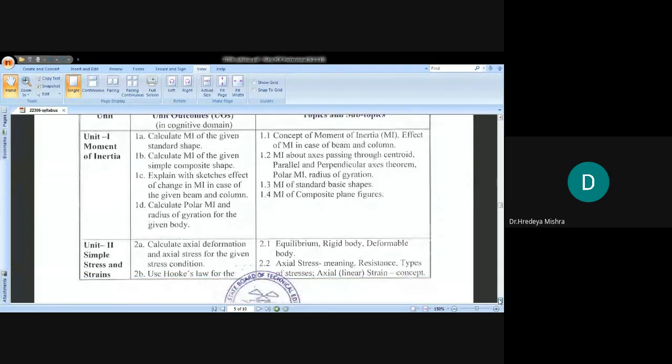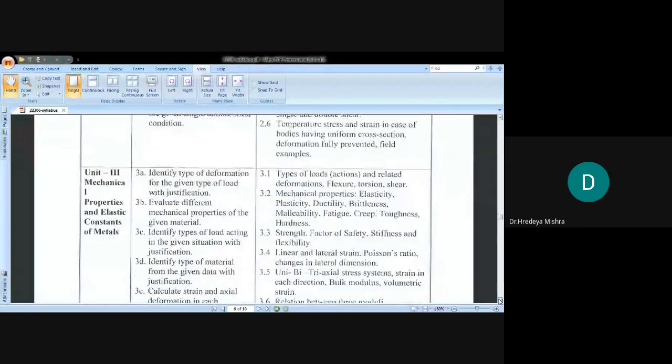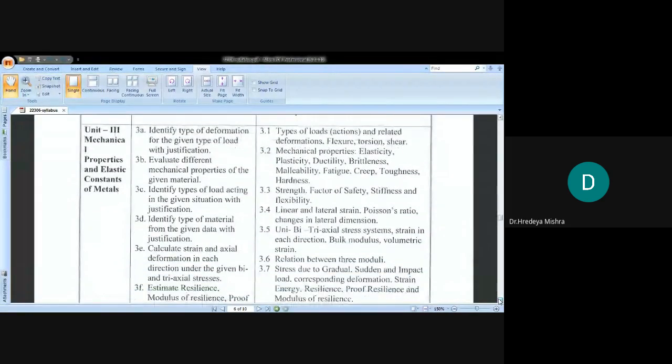Now, we first start our third unit, identify type of deformation for the given type of load with justification.